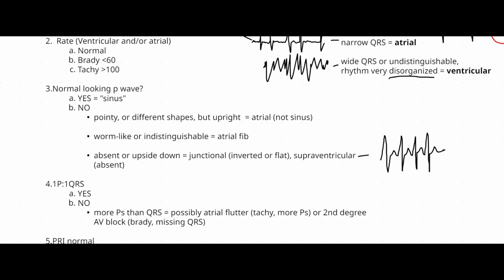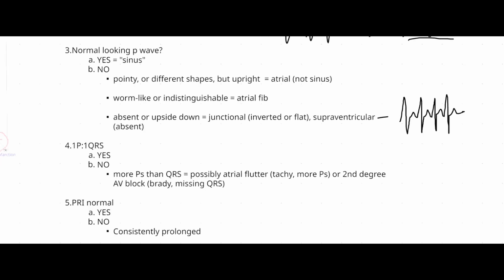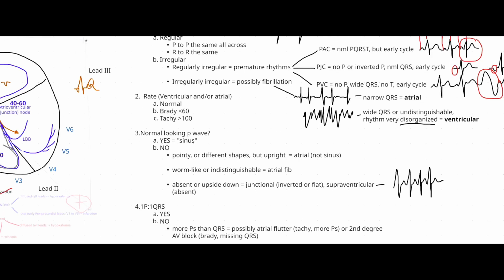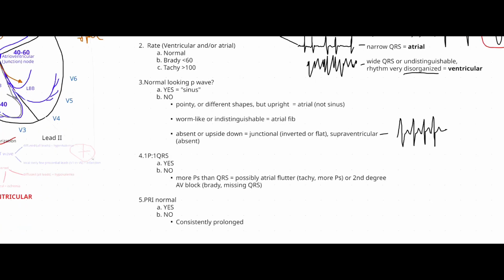Okay, so here, next criteria. So far we said rhythm, regular, irregular, rate, is it normal, is it brady, is it tachy? Then we'll look at the P wave, how does it look? Is it normal looking, or is it pointy, or is it worm-like, or is it absent, or upside down, inverted?